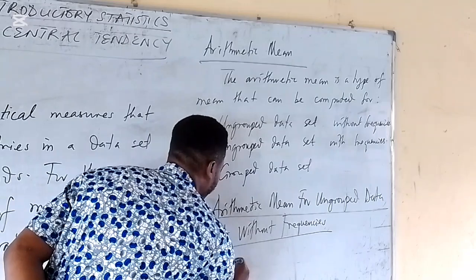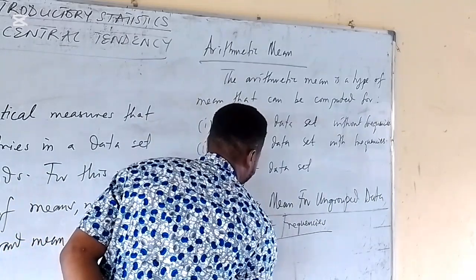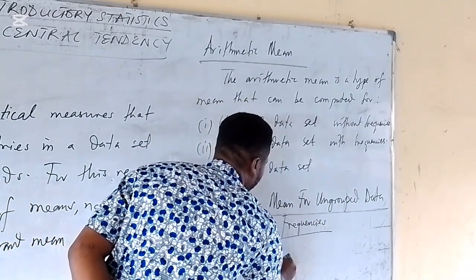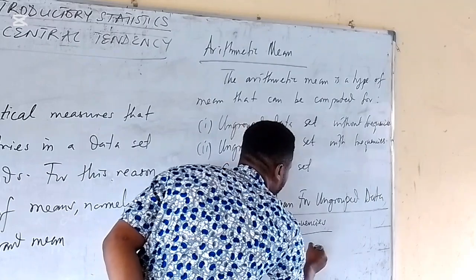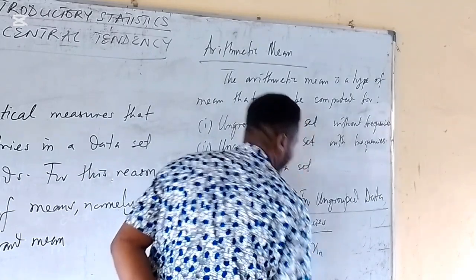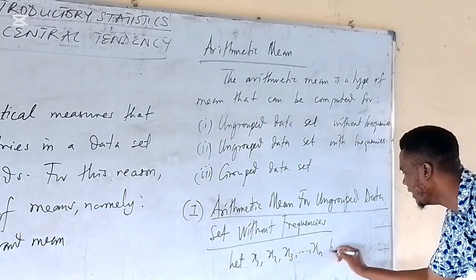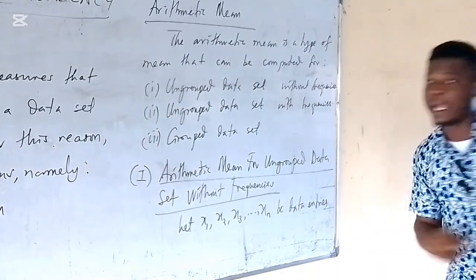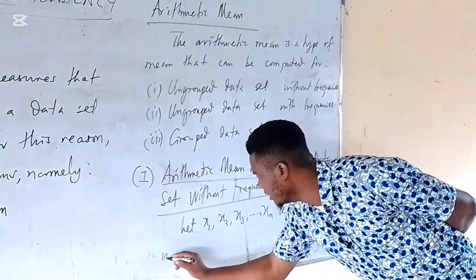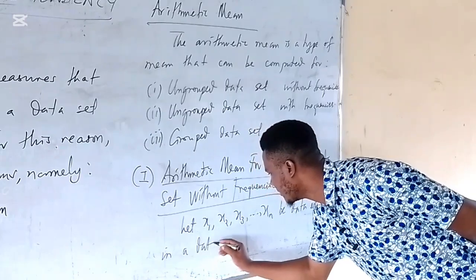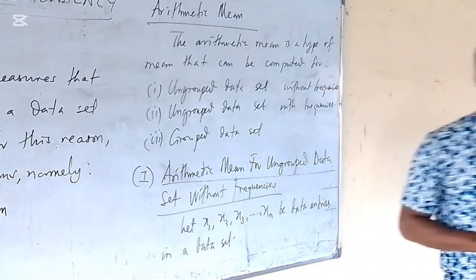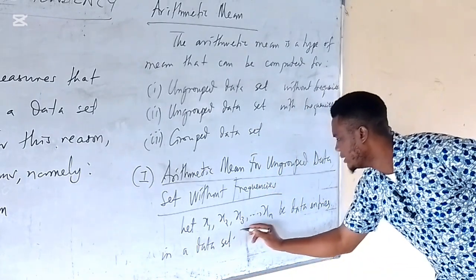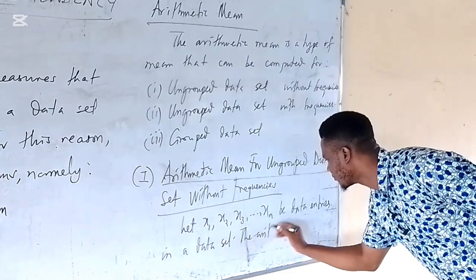Now I'm going to say let x1, x2, x3 up to xn be data entries in a data set.